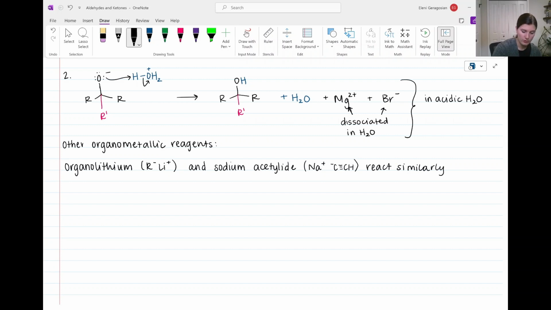So here are two quick examples, one with an organolithium. Let's say we have a propane organic part of a molecule with a lithium. We have some aldehyde or ketone. A common solvent here is a non-polar one.